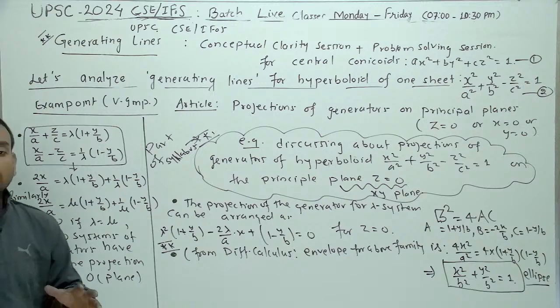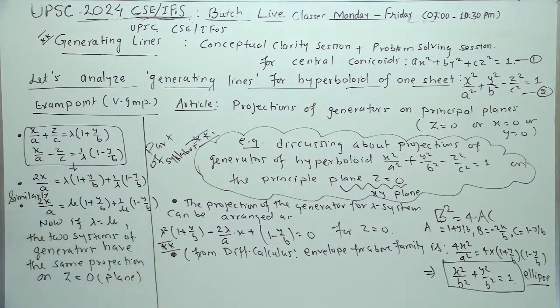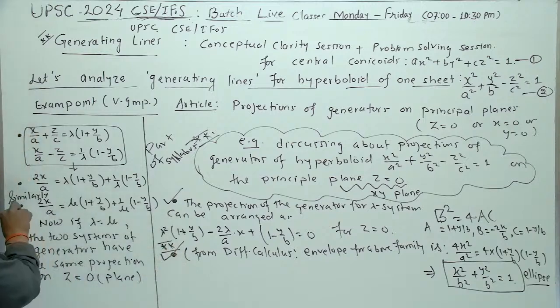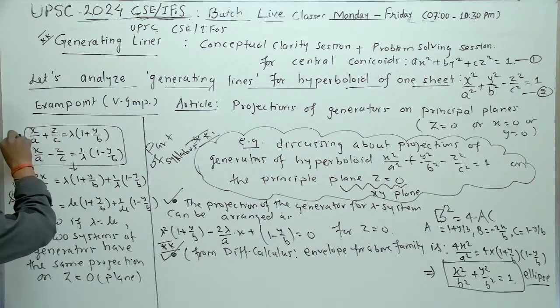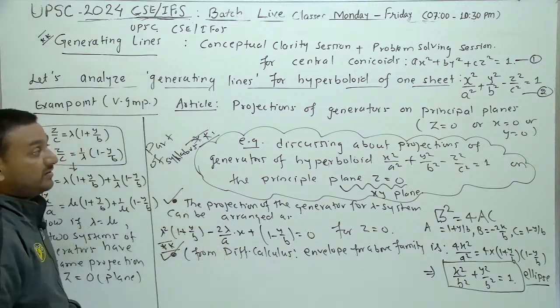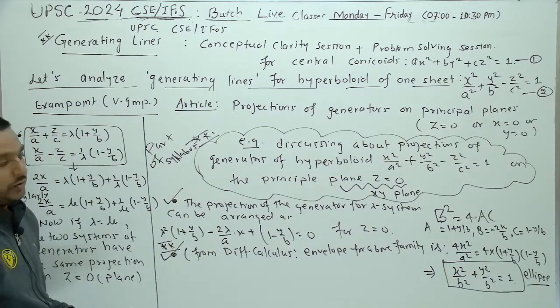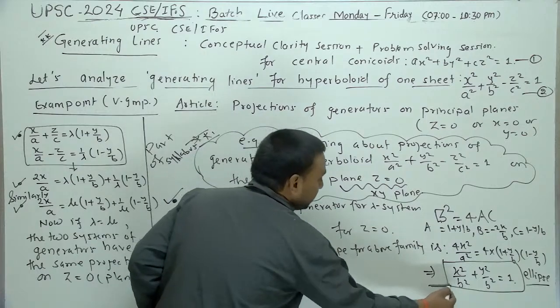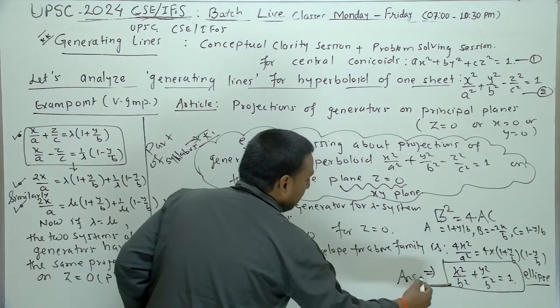Okay, yes. So now you can see, here I have done the decoded form for you. When you want to write about the projection of a generator on the principal plane, let's say z equals 0, for the hyperboloid of one sheet, then you are going to get the ellipse. So that is the answer for you.